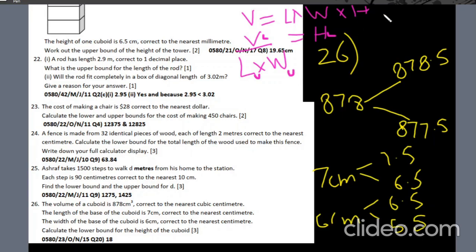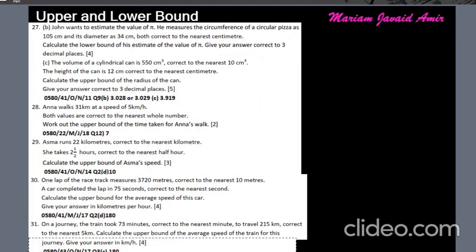So volume lower bound is 877.5 over length upper bound 7.5 and width upper bound 6.5. 877.5 divided by 7.5 times 6.5, which gives us 18. Okay, question number 27.